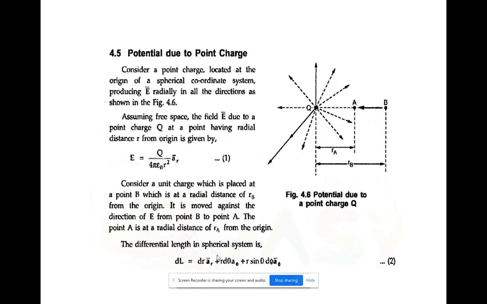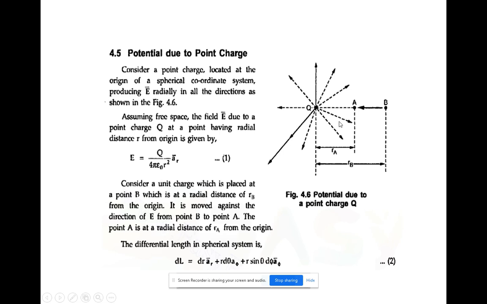Now we are going to see the potential due to a point charge. Here we are going to consider a point charge which is located at the origin of a spherical coordinate system, which will be producing the E vector in all directions, shown here.